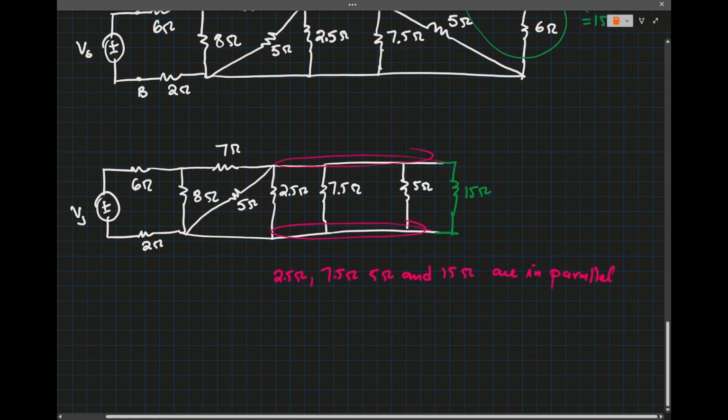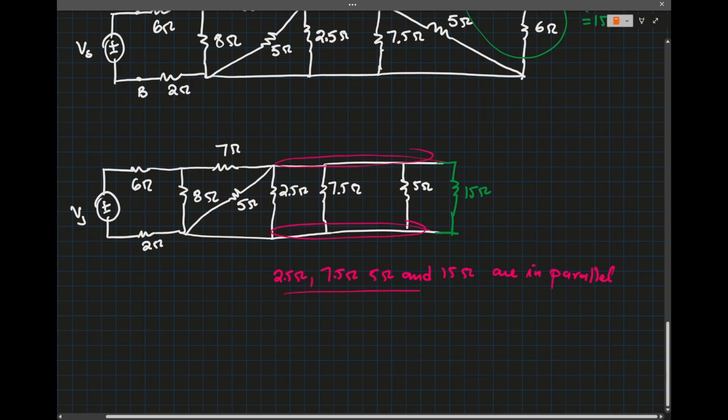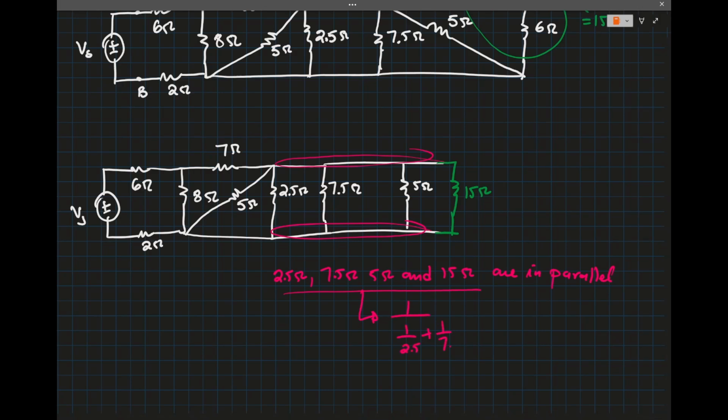That means the equivalent will be 1 over 2.5 plus 1 over 7.5 plus 1 over 5 plus 1 over 15.